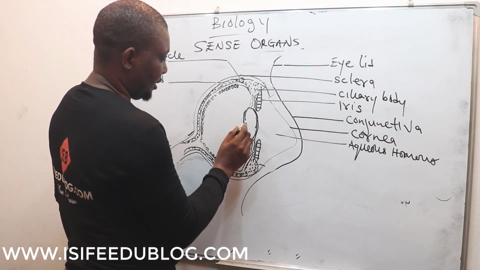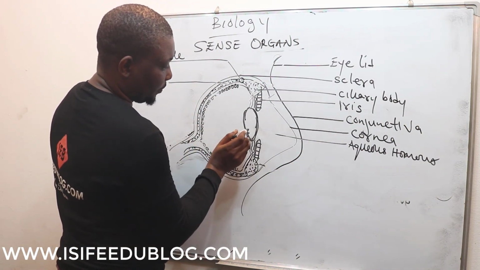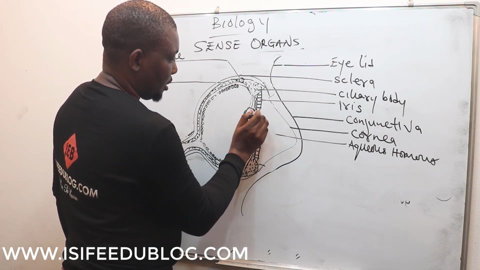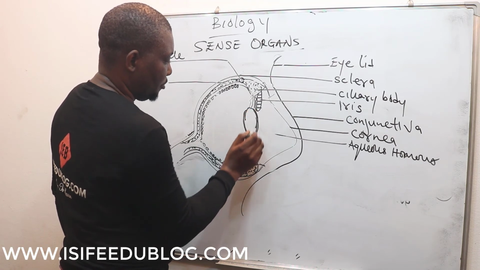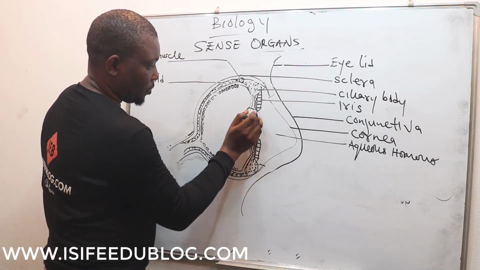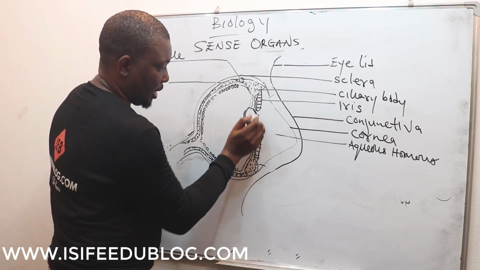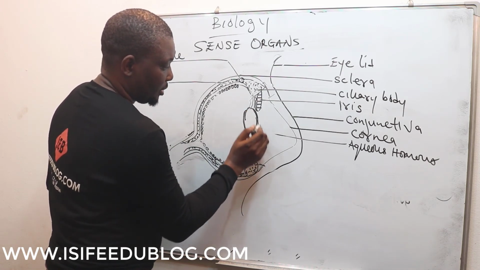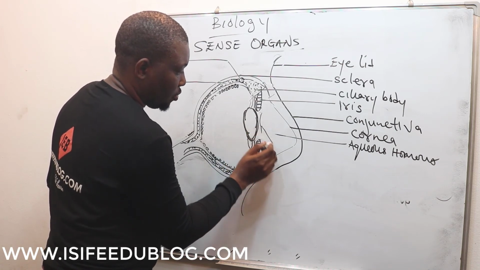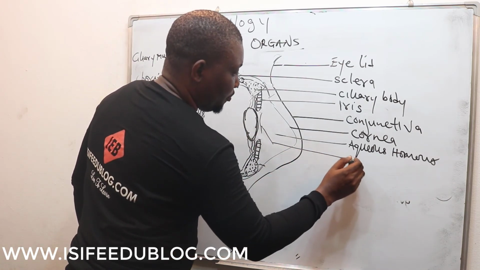Okay, there's a lens, so you have to come down. There's a hole in between these parts. Let me take that first. The hole in between these two parts of the iris, that hole is from here to here. So the hole is called the pupil.